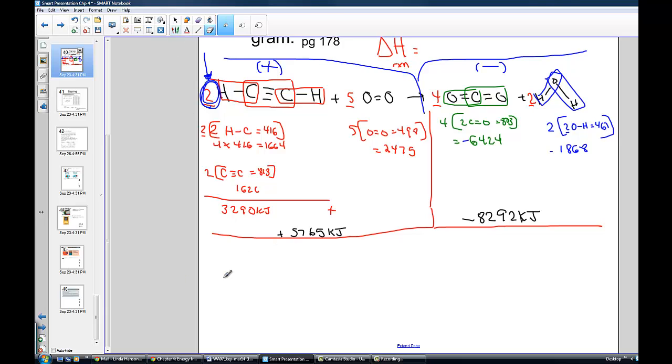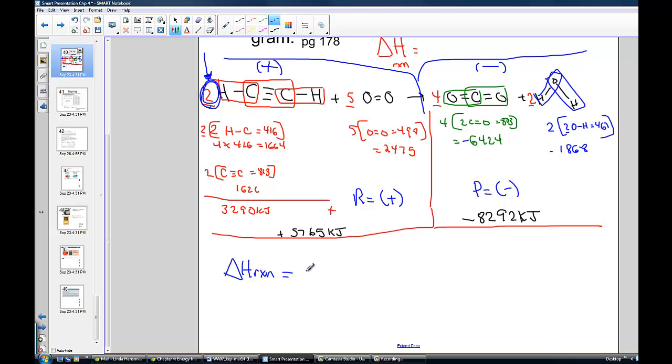Alright, so I'm going to take this heat of reaction, and now I just want to emphasize something that I've done in this example. Remember how we made all of the positive signs when we are breaking bonds from our chart on page 178, and we've already made the negative signs for the bonds forming over here on products. So if you make the products negative because we are making new bonds, and you make the reactants positive because it takes energy to break bonds, I just want you to sum the two values.